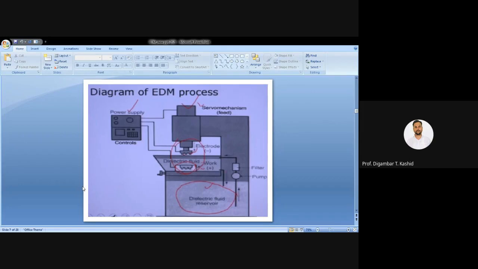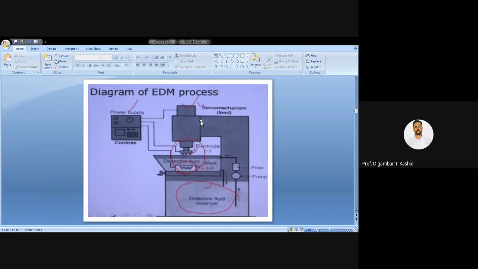So you have to feed your tool towards the workpiece surface to maintain the gap, and for that we require a mechanism, which is this servo mechanism or servo feed system.